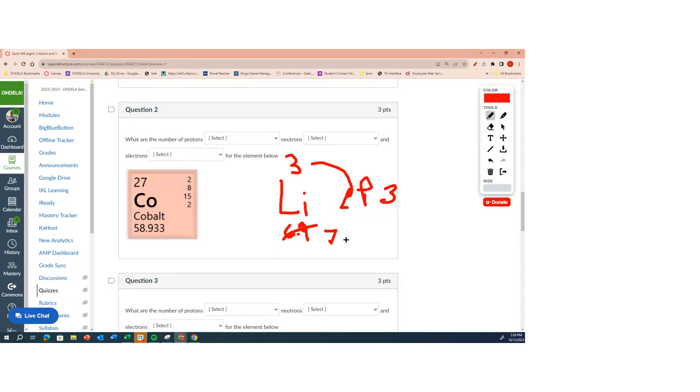And my neutrons will be 7 minus 3, which is 4. And then my electrons are going to be the same number as my protons. So this number is the same as that one. So I would put 3, 4, and 3, but you're going to use different numbers. You're going to make this 59. You can see the 59 is down here, and then the 27's up here. Does that help?